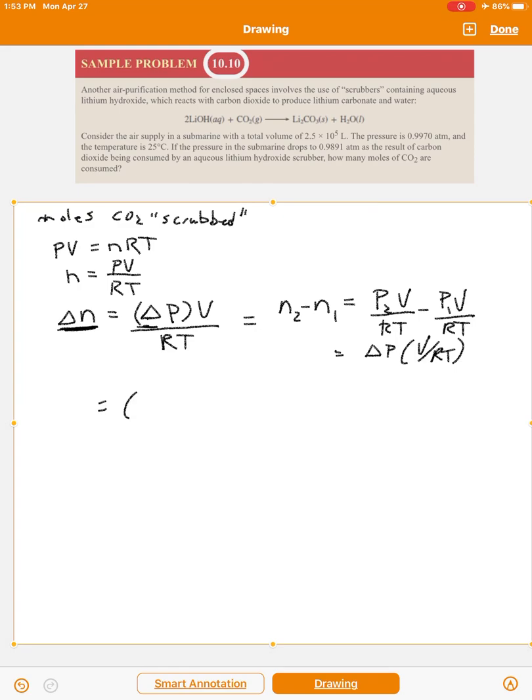So that would be the final pressure, 0.9891 minus 0.9970. I'm going to put atmospheres outside, times the volume, which is very large. It's a submarine, right?